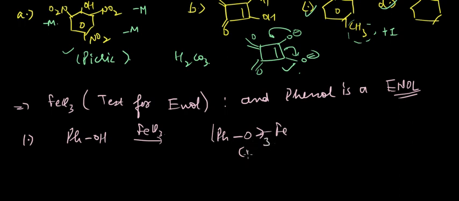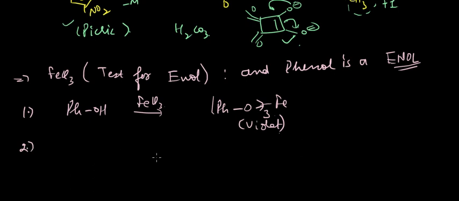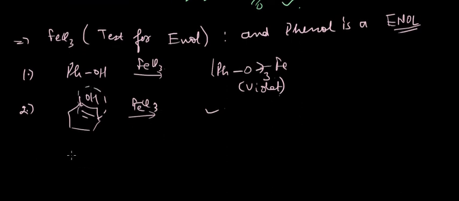This is violet colored. Secondly, this will also undergo reaction with FeCl3 because it contains an enol group. And if we react ROH with FeCl3, what will be the compound? No reaction. Why? It is not an enol.